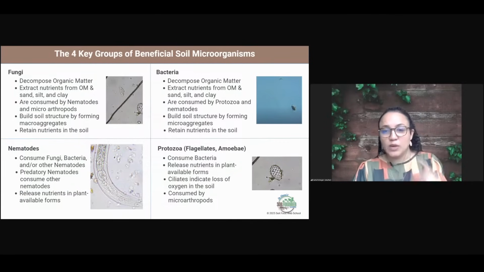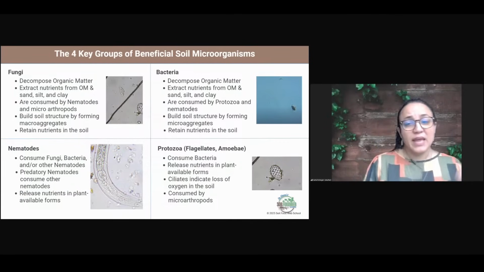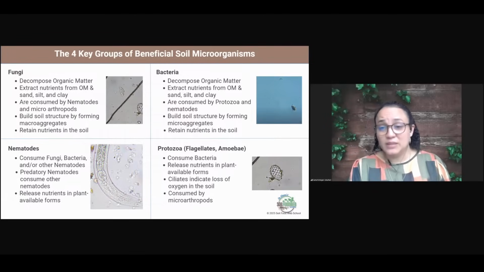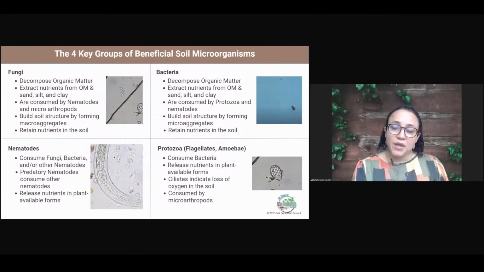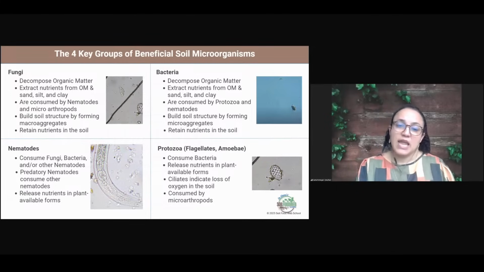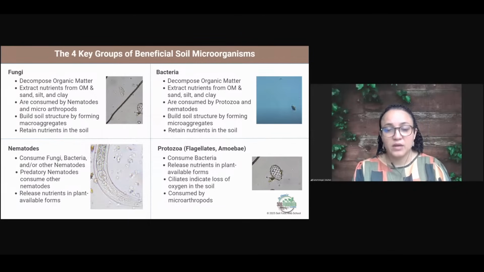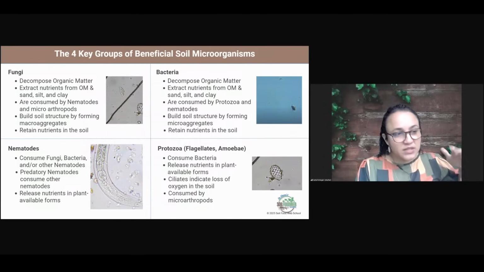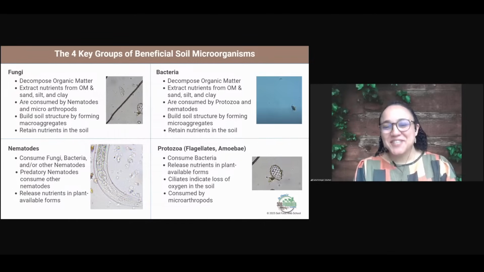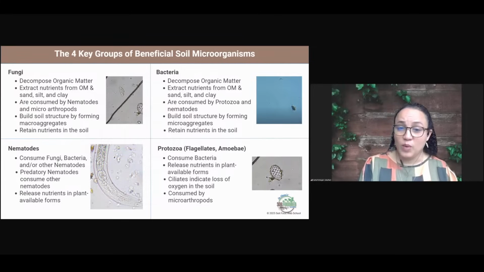They are the first to show up in any system and the last to disappear when the system is heavily disturbed. They are one of the 2 main decomposers of organic matter, and they are capable of extracting the nutrients of this same organic matter from sand, silt, and clay. So they are our first explorers in any soil, and they help set the stage for the other players to jump in when it is the time.